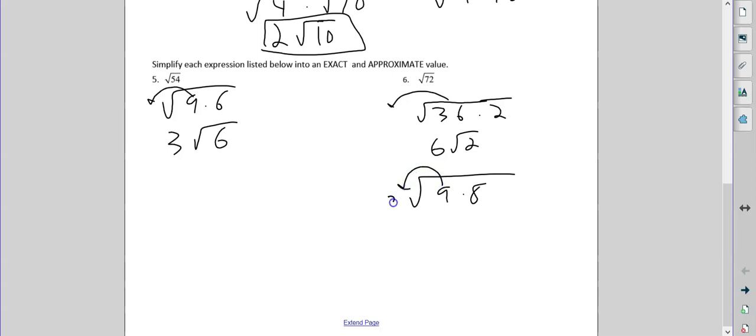This would come out as a 3. So I would have 3 radical 8. The problem is the 8 still has a 4 stuck inside. So I could rewrite this as 3, 4 times 2. And this would come out as a 2, which would give us the 6 radical 2 again.